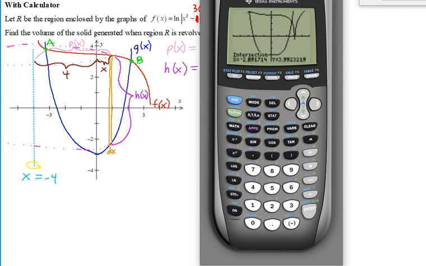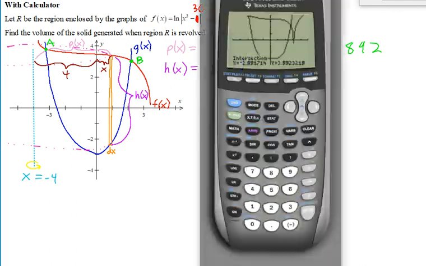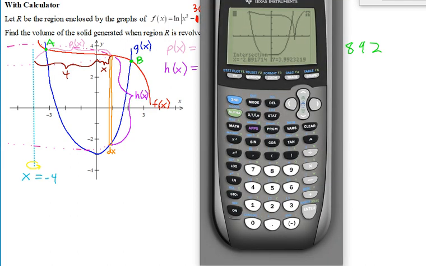And there's the x coordinate there, negative 2.891, rounds to at least the thousandths place accuracy. And let's store it in our calculator. So second quit, store, alpha A, enter.